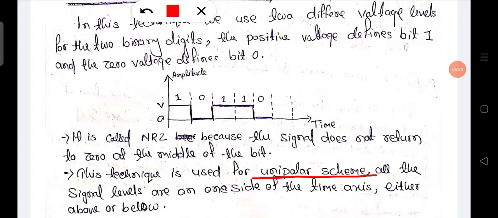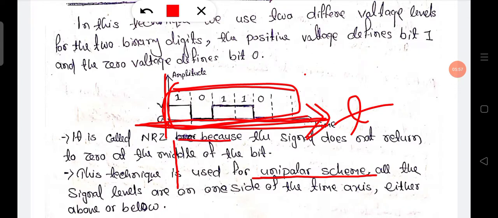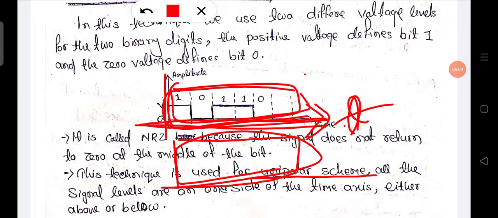Okay, unipolar means the signal which is situated entirely on the positive side. Okay, this is the time axis, this is the positive side of amplitude, and this is the negative side of amplitude.